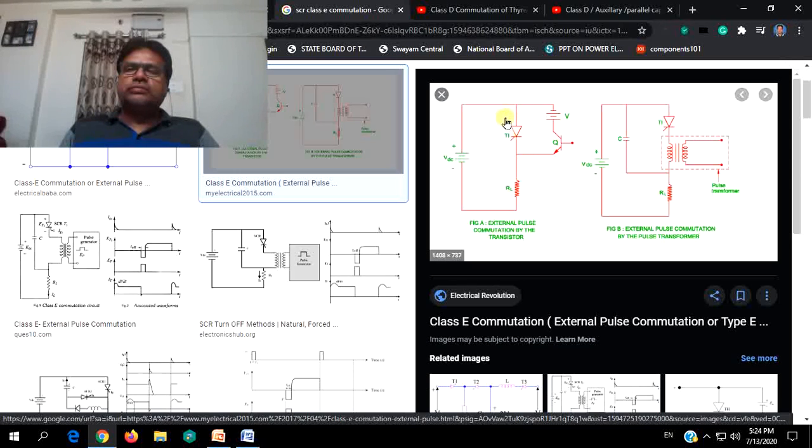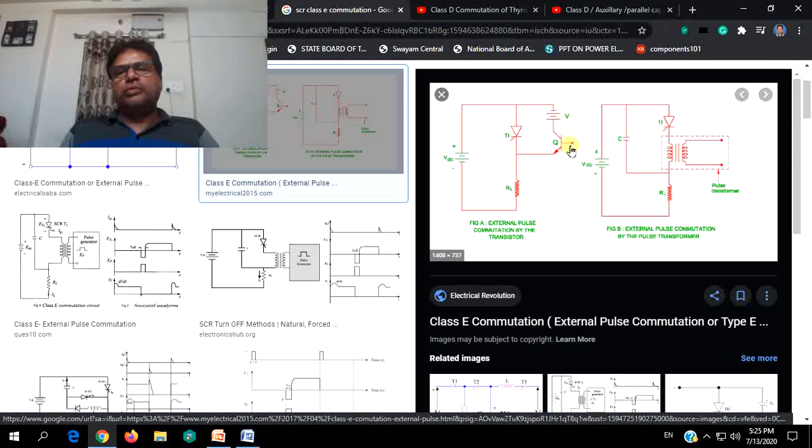Whenever you want to turn off the main SCR, there should be current flowing via this external source from the emitter of the transistor to oppose the main SCR current to turn it off.